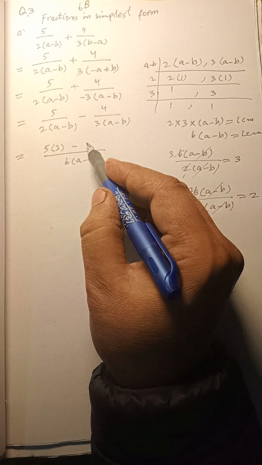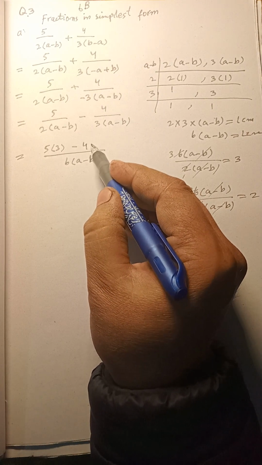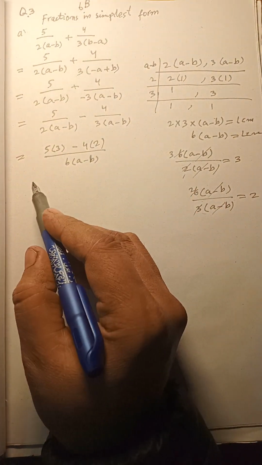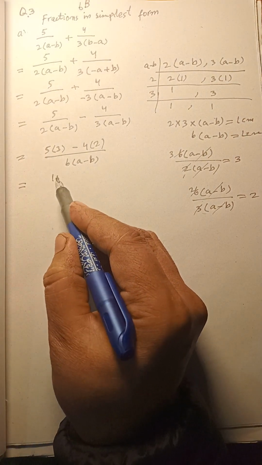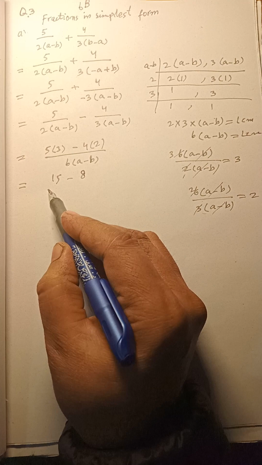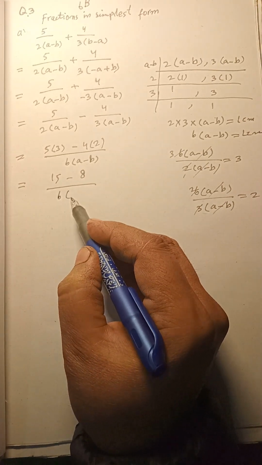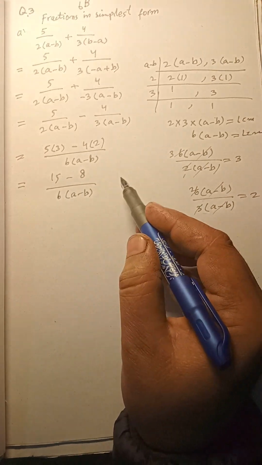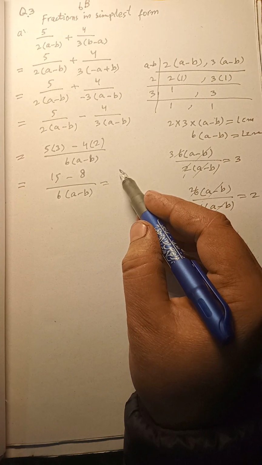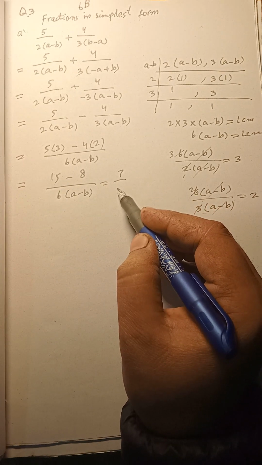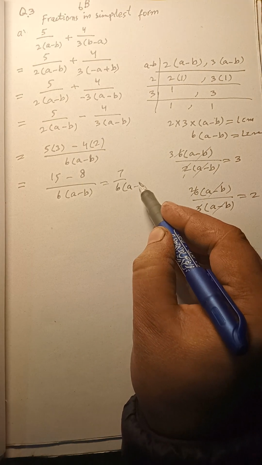This 2 will be multiplied by the numerator. Now write it: 5 3s are 15 minus 4 2s are 8 over 6 into (a minus b). You know that when 15 is subtracted by 8, the answer is 7 over 6 into (a minus b).